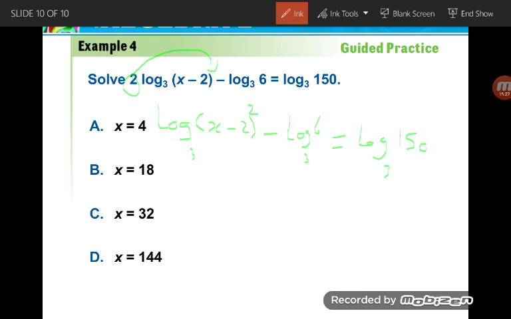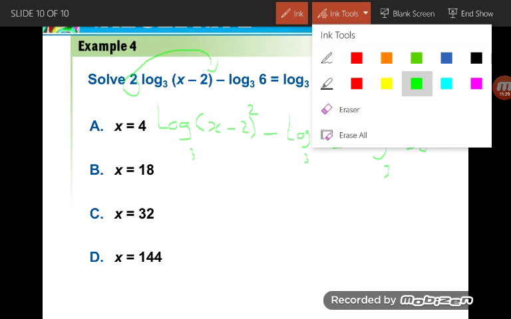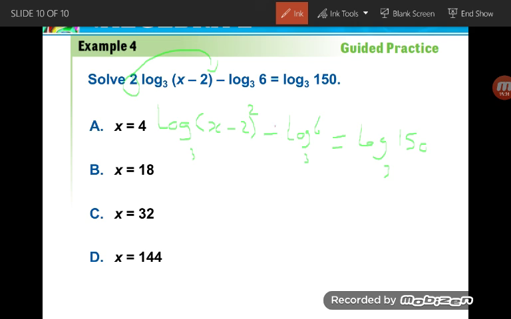Now you can convert the subtraction to division like we explained before. So this sign, which is subtraction, you convert it to division. So it will be log of x minus 2 all squared over 6, base 3, is equal to log 150 base 3.